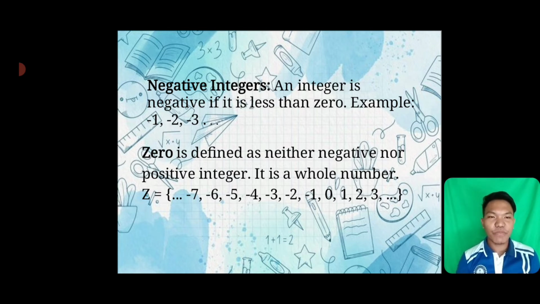So 0 is defined as a whole number that will represent the separation between the negative and positive. So, did you get it?